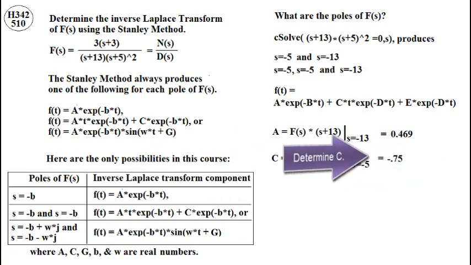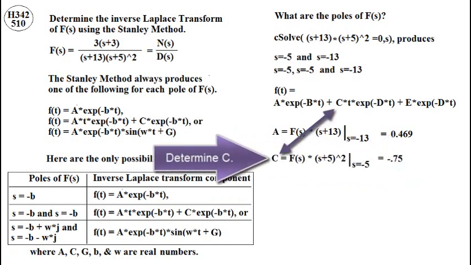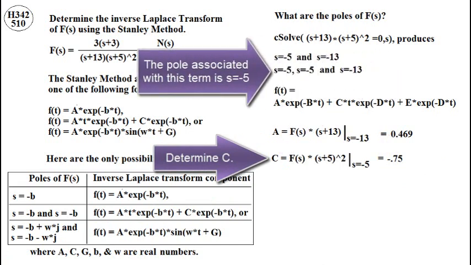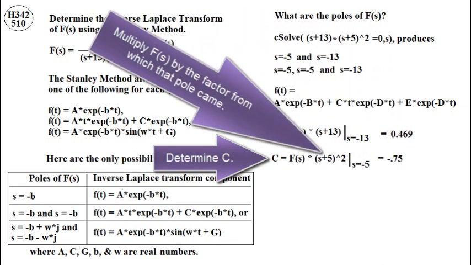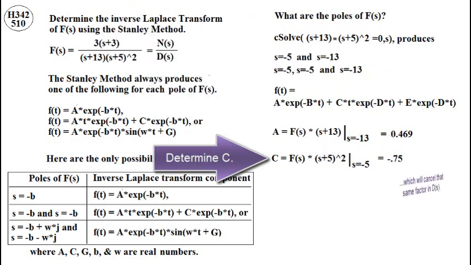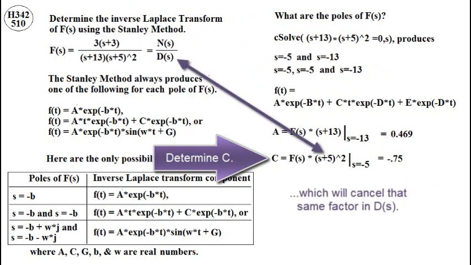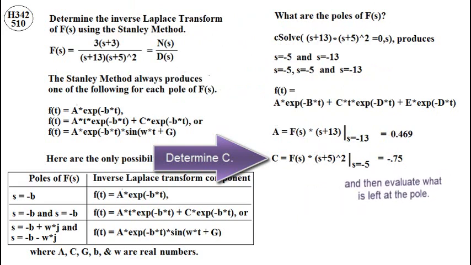Now determine C. The pole associated with this term is s equals -5. Multiply the function by the factor from which that pole came, which will cancel that same factor in the denominator. And then evaluate what's left at the pole.